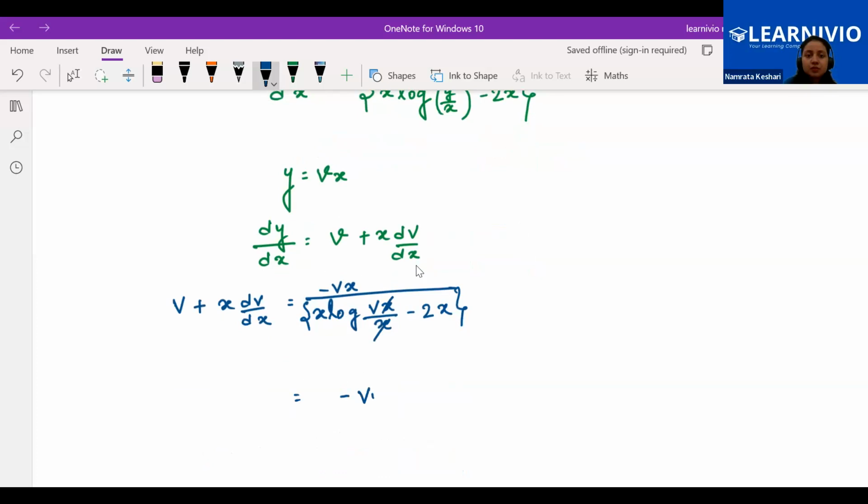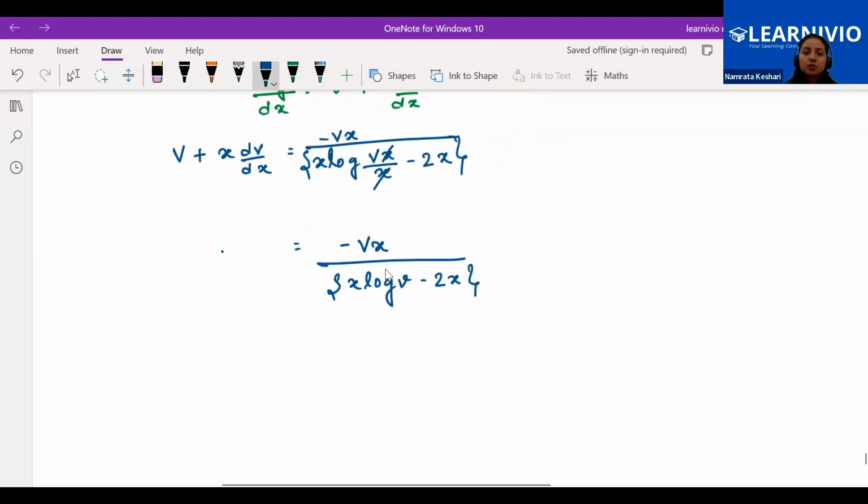So we will be having minus vx by x, minus log v, minus 2. Now we can take it from the other side and bring it to this side, right? Yes.